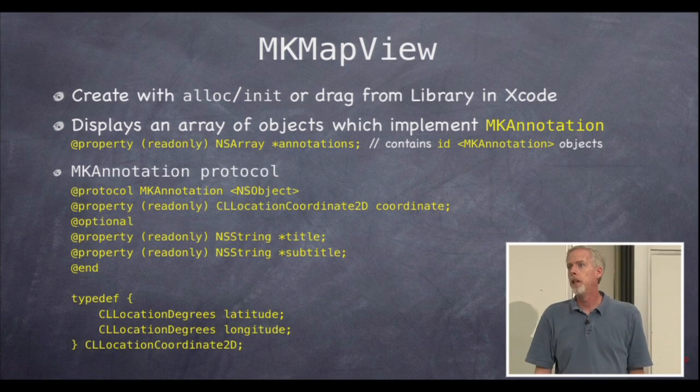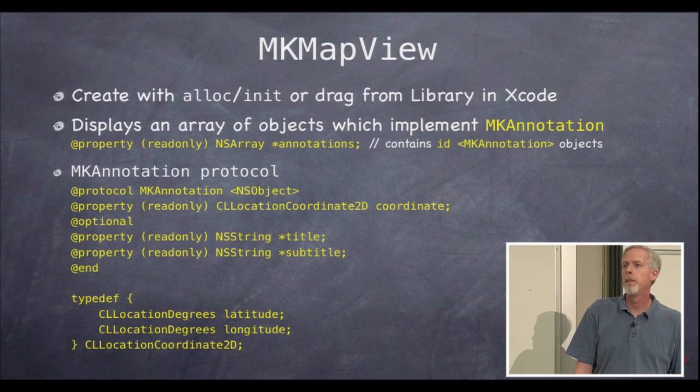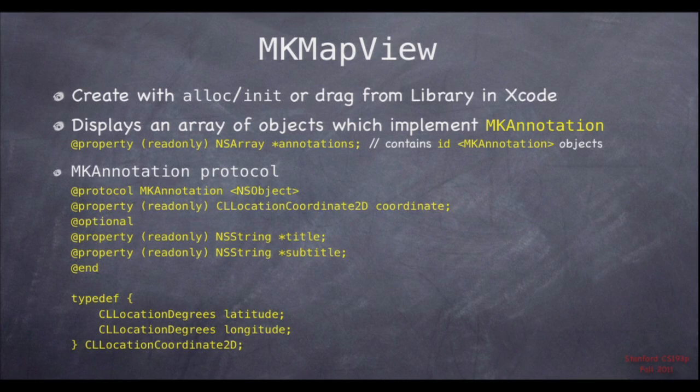Does it actually force you to make each object you put in that array implement that protocol, or is there a way to say all the objects in this array implement this protocol? Well, the question is, does the compiler or something force you to make this array contain id MKAnnotations? And the answer is no. Remember that NSArrays just contain ids, right?